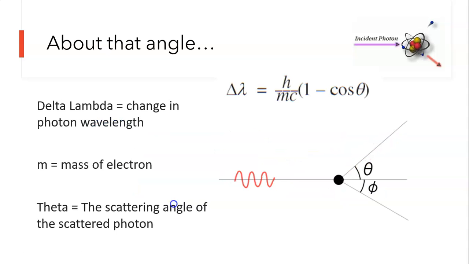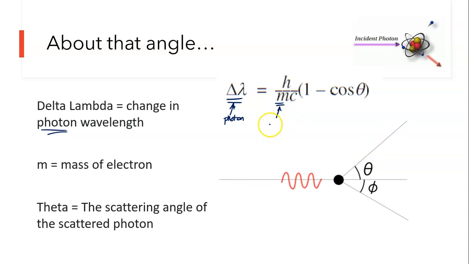So what about this angle? This other formula that we haven't really talked about yet is a little bit different in that it mixes things with wavelengths and electrons. This is the change in wavelength of the photon, so this is dealing specifically with the photon.